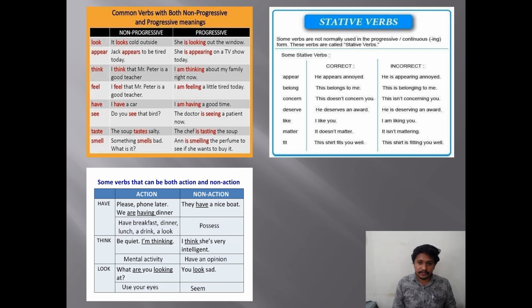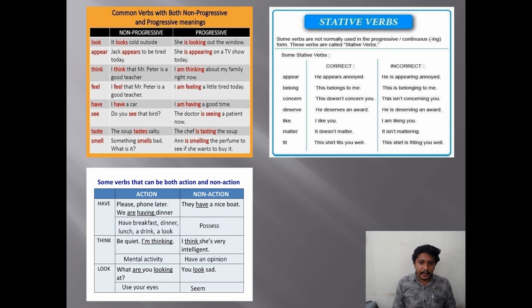There it shows a physical activity. So some verbs can show a physical activity and at the same time be state verbs. These verbs are exceptions to the restriction on ing usage, so they can be used both as state verbs and in the continuous tense, by using the ing form.